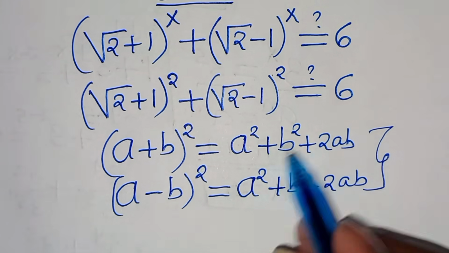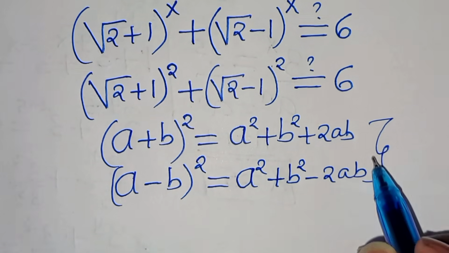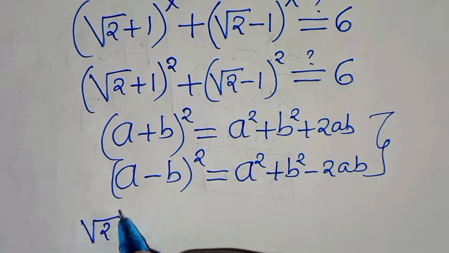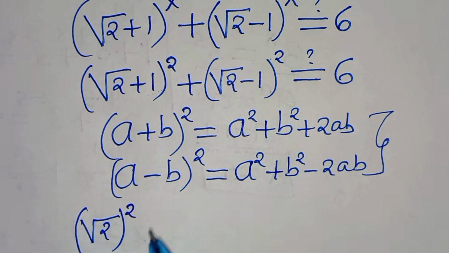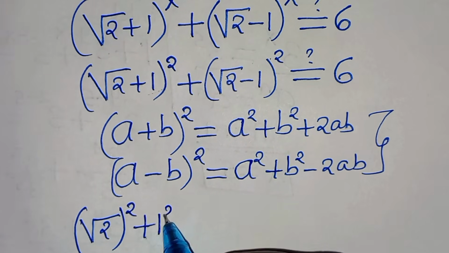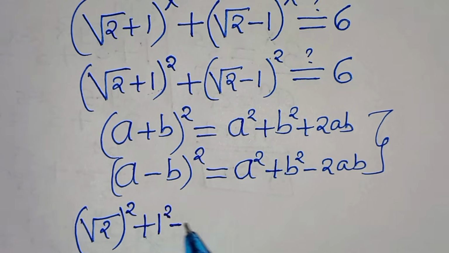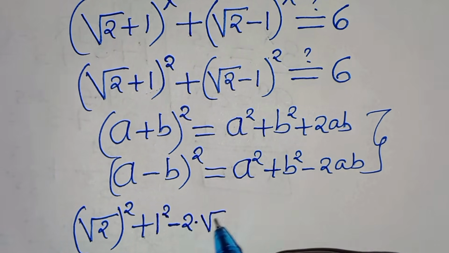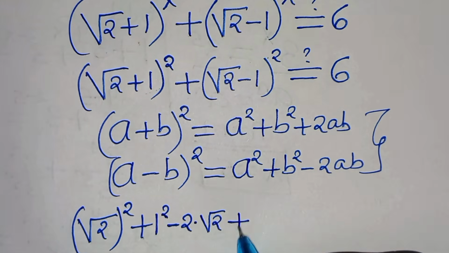Now let's apply these two algebraic identities. From the first one, we have square root of 2 raised to the power of 2, plus 1 squared, plus 2 times square root of 2 times 1.